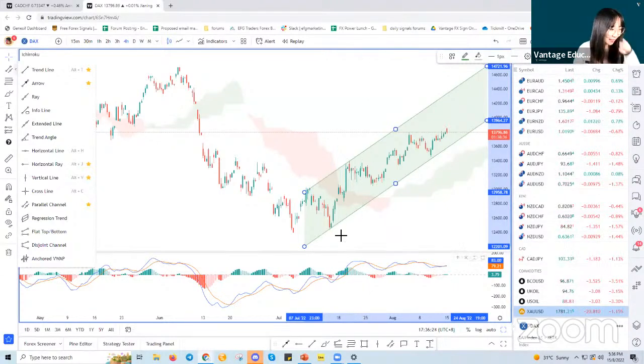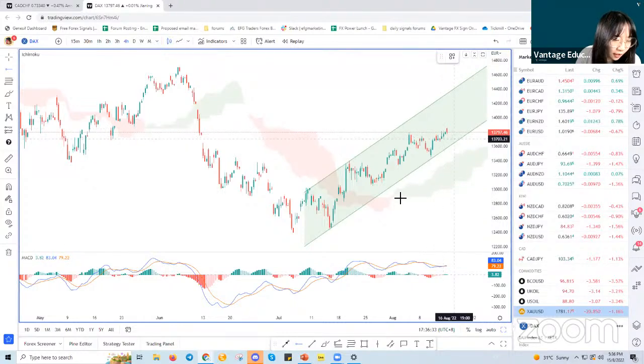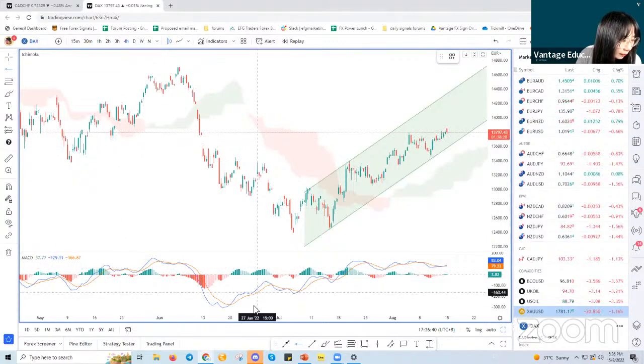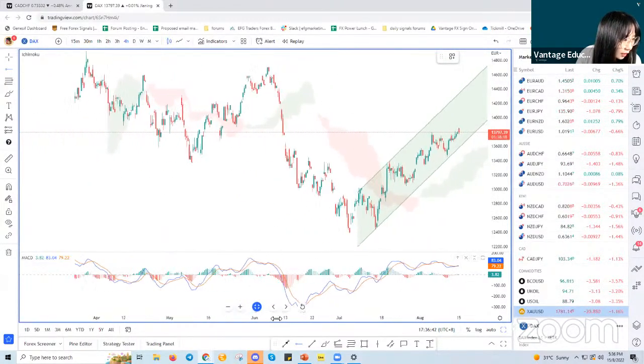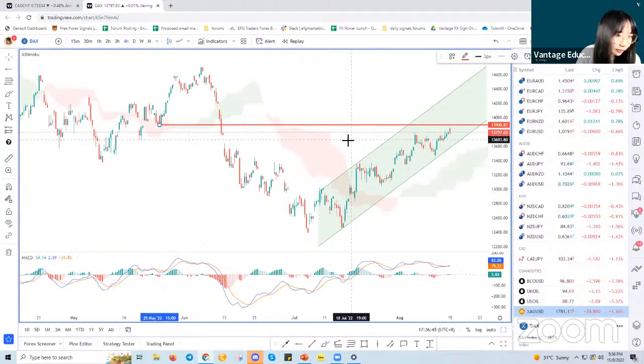Okay, now let's continue our analysis. First, we try to find our buy entry, because the price is still within the ascending channel. So I like to put my buy entry here.